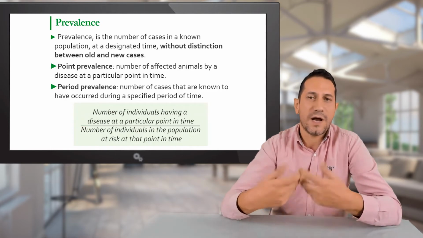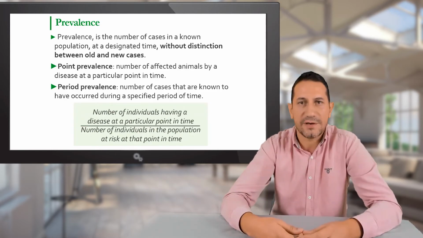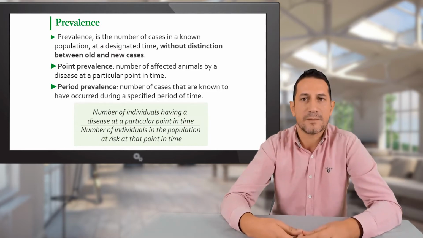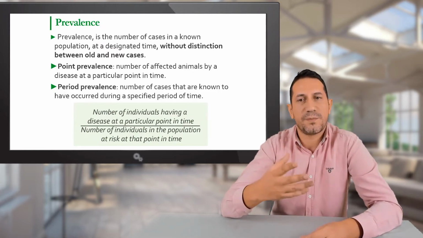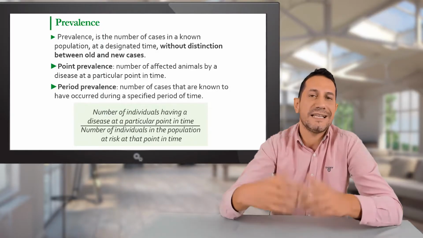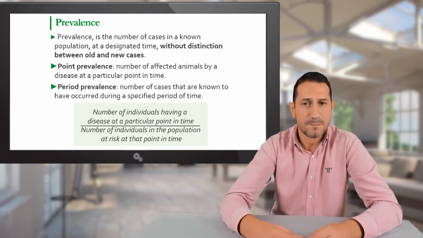One example would be the annual prevalence, which is the sum of all point prevalences at the beginning of the period and the number of new cases that occurred during the period of the study. There is also, let's say, lifetime prevalence, which is the number of all animals which are known to have had a disease in at least a part of their life.